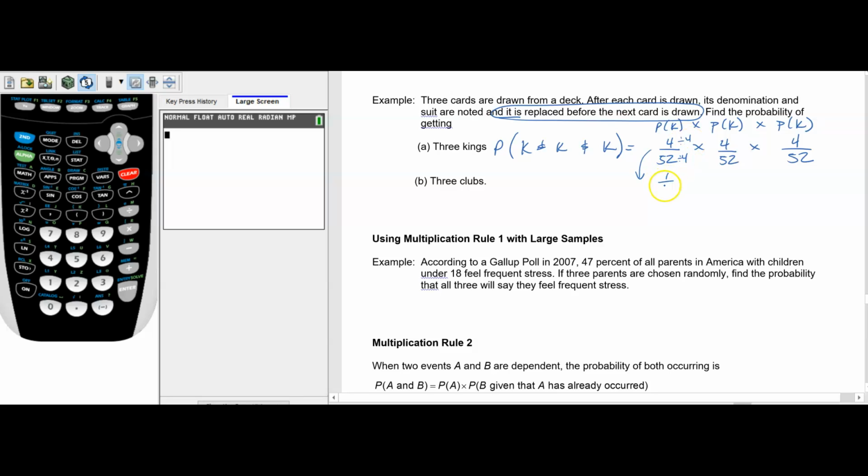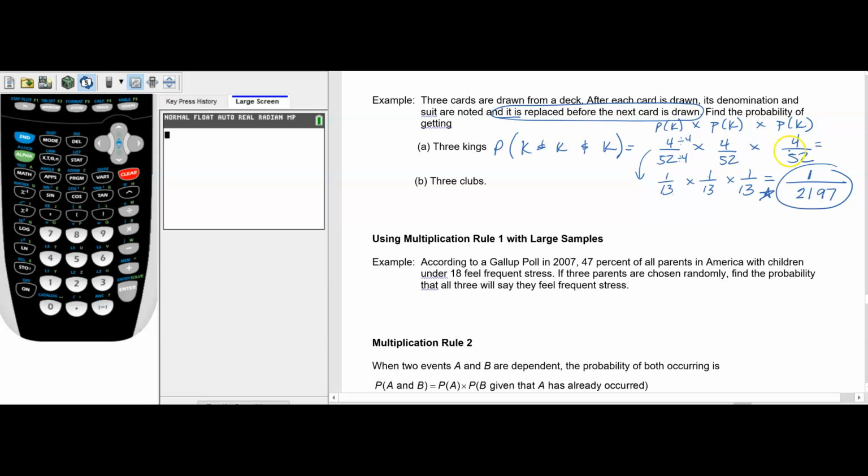You could reduce that to 1 over 13 before you multiply, and it makes your numbers a little easier to deal with, but I'll show you how you could do either. Reducing it to 1 over 13, 1 times 1 times 1 gives you 1. 13 times 13 times 13 gives you 2,197. So that's your answer, 1 over 2,197.